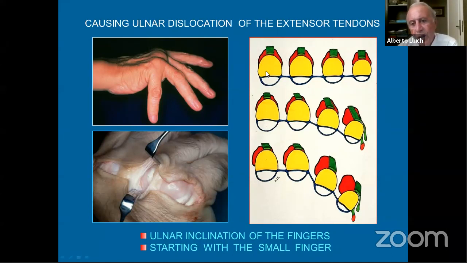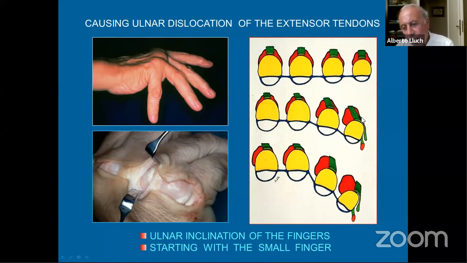Here's a drawing that shows the base of the proximal phalanx in yellow. This is the head of the metacarpal. In red, this is a normal. And this is the intervolar plate ligament that goes from one volar plate to the other. This is the flexor tendon sheath, in this case the A1 pulley, the beginning of the flexor tendon sheath, and here the extensor tendons.